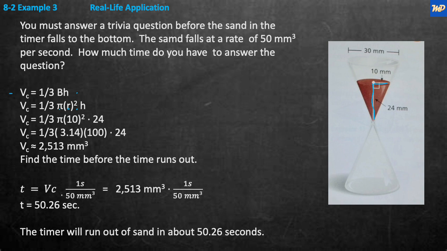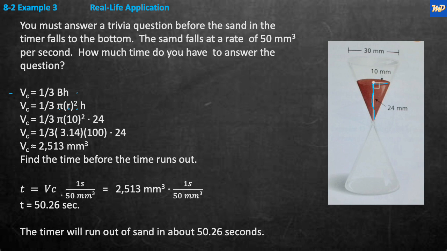So 1/3 pi is 3.14 times 100, that's 10 squared, times 24. When you multiply all this out, you're going to get the volume of the cone is 2,513 millimeters cubed.